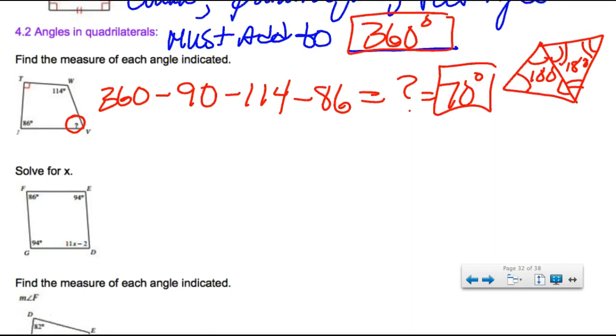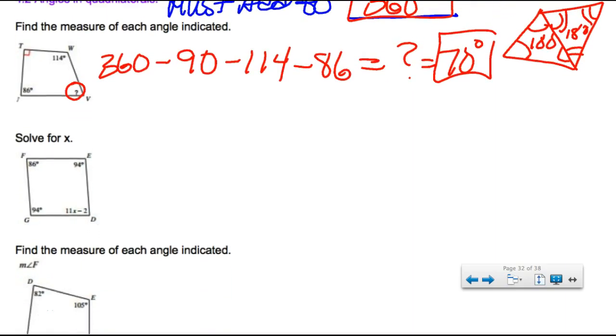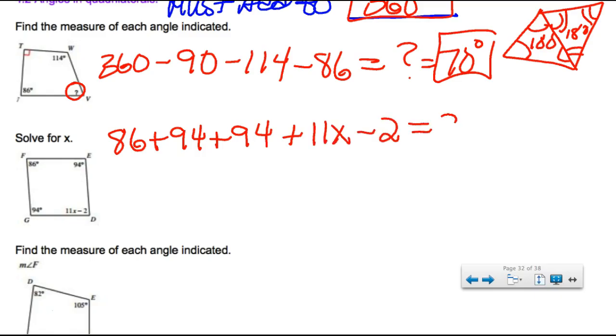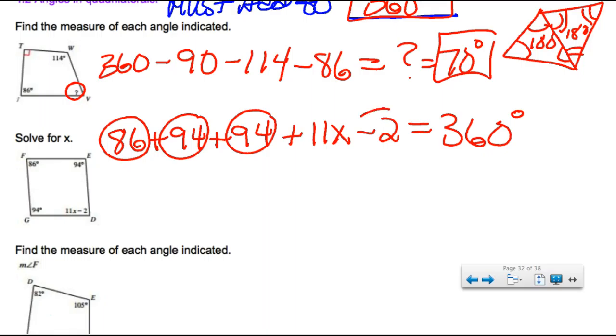The next one up, with a little algebra, solve for x. I can do that because I know that in a quadrilateral, all of the angles add up to 360 degrees. So I'm going to combine like terms. I've got 86, 94, 94, and minus 2 that are all considered like terms.